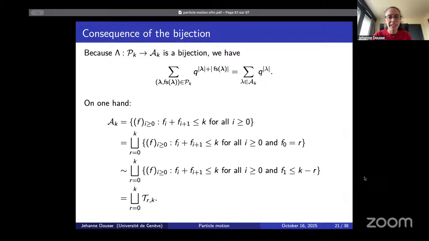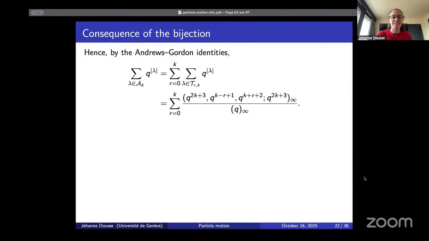And by the Andrews-Gordon identities, we get the generating function for the partitions in A_k. Because of the disjoint union, we can write it as a sum of the generating functions of all the sets in the disjoint union, so all those T_{r,k}.